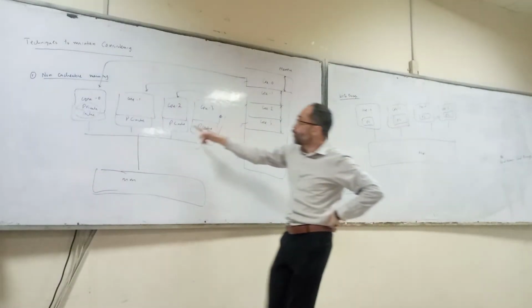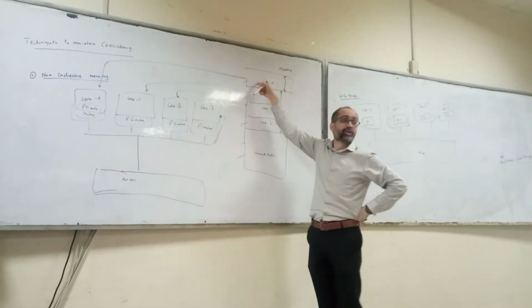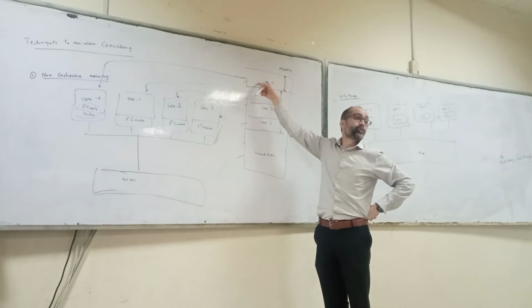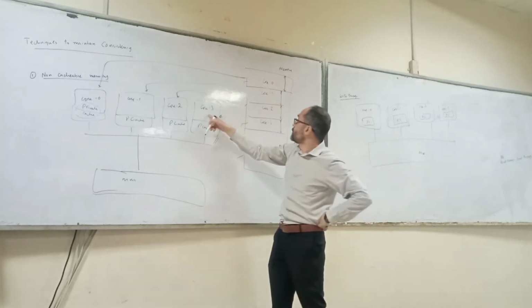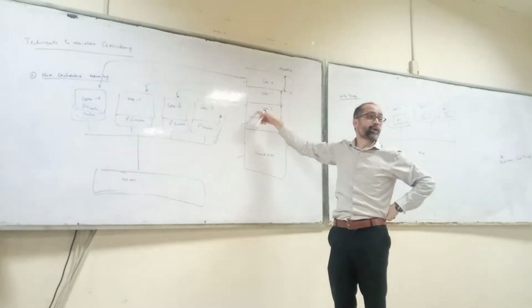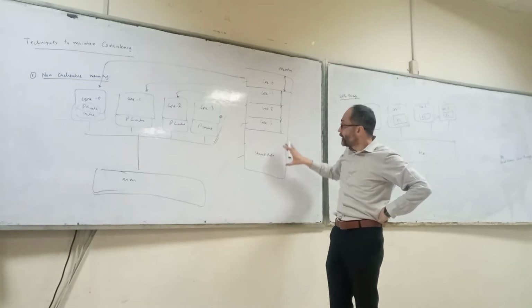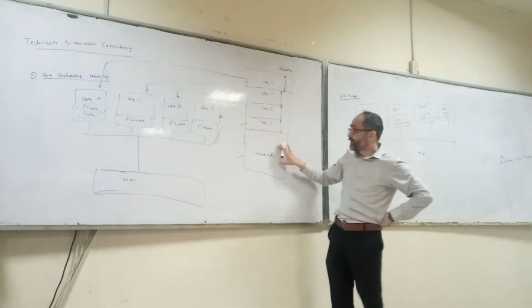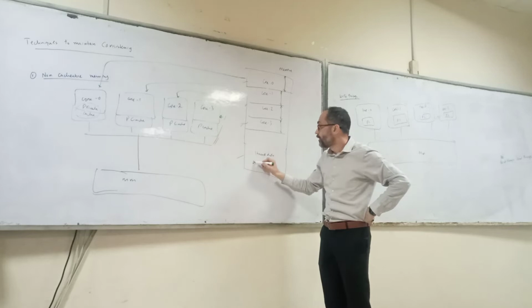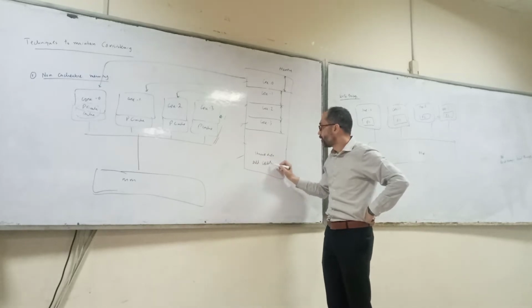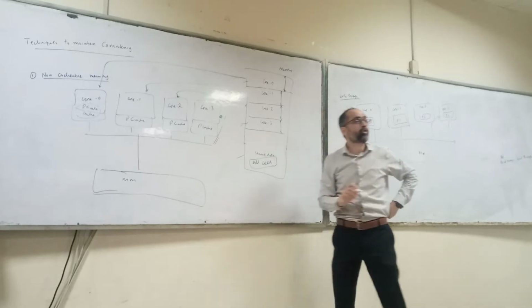If core 2 wants to read the data from this region, it will not be allowed. If core 3 wants to read the data from this region, will it be allowed or not? It will not be allowed. But now we have a shared space, and this shared data is shared between all cores.